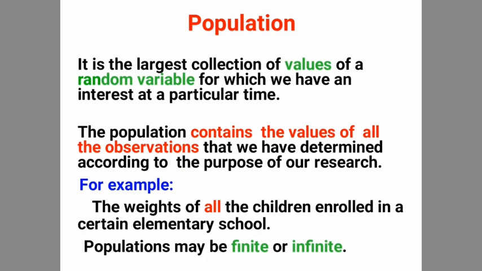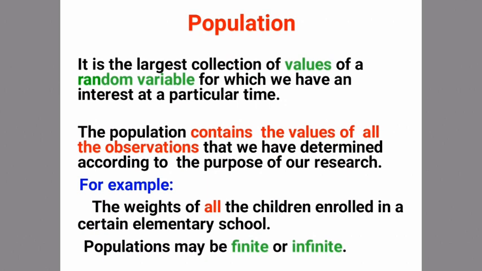For example, if we want to research the height status of your class, firstly I need to measure the height value for each student. Now, the height values of all the students in your class is a population for our research.